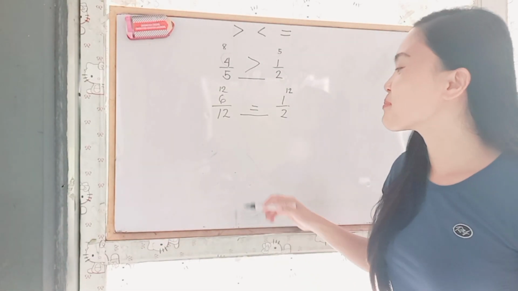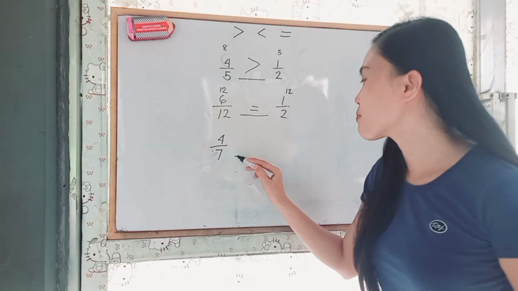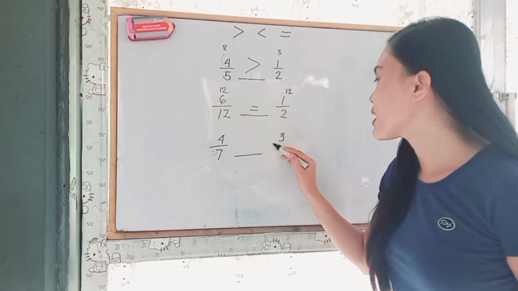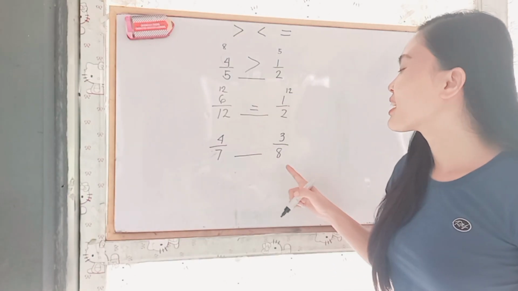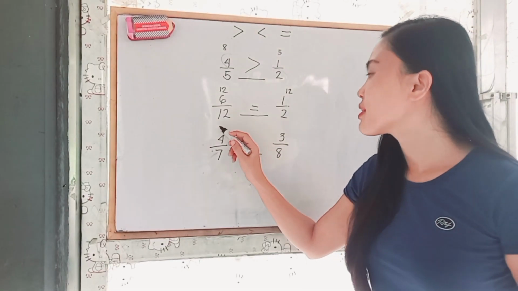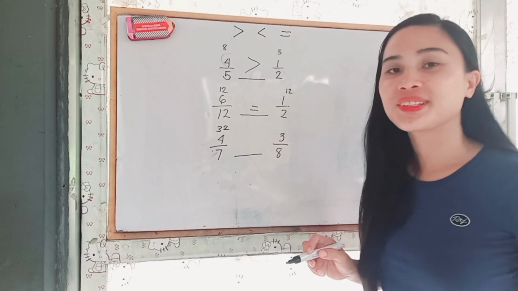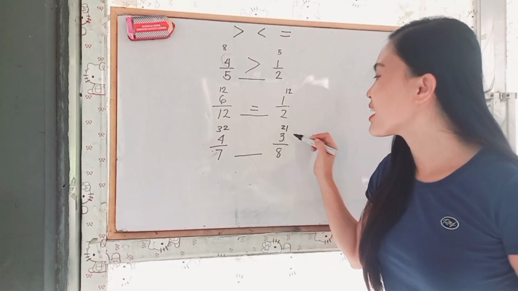Okay, another example, we have here 4/7 compared to 3/8. Okay, so use the cross multiplication method. 8 times 4, that is 32. 7 times 3, that is 21.